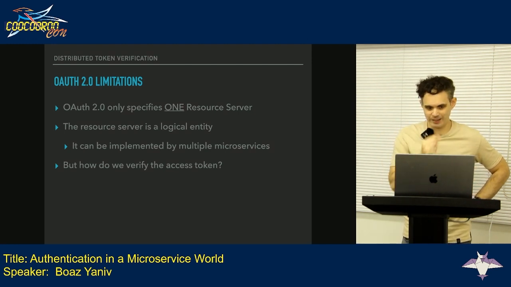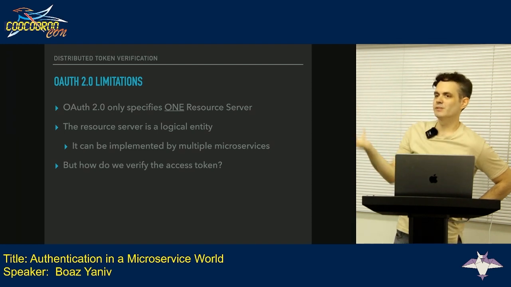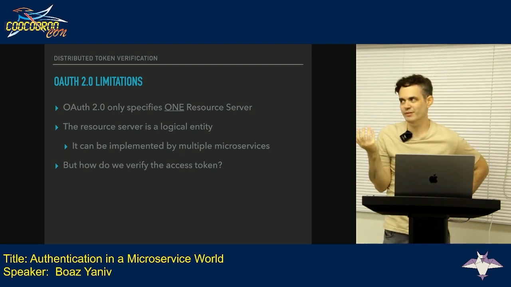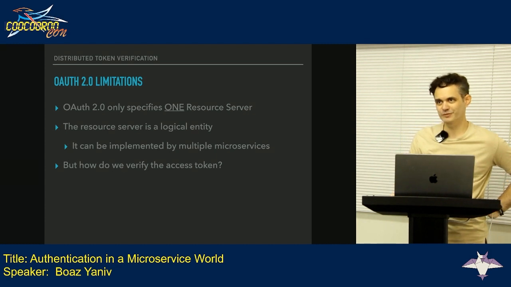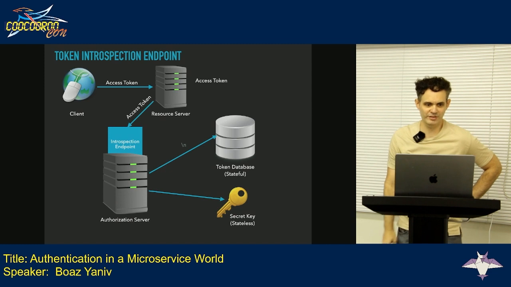But then how do we verify it, right? If everything is one monolithic service, that's very simple. It can be a database, it can be a key that is within the service, but we have a lot of options with different trade-offs when we deal with microservices.